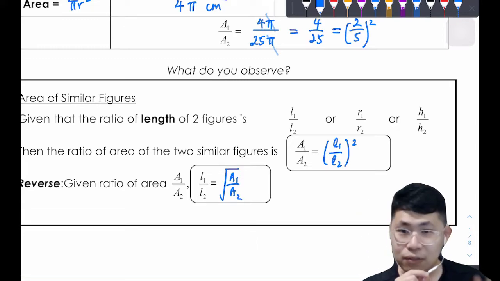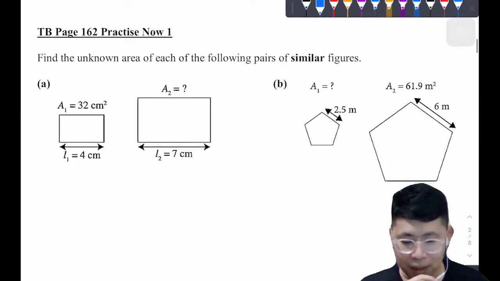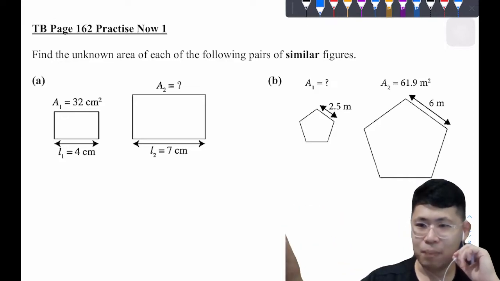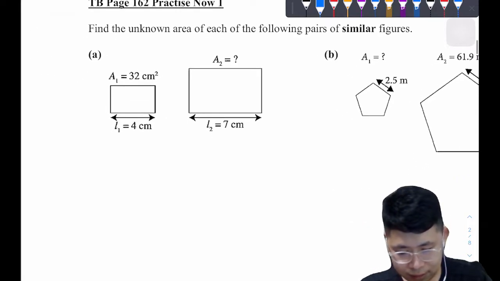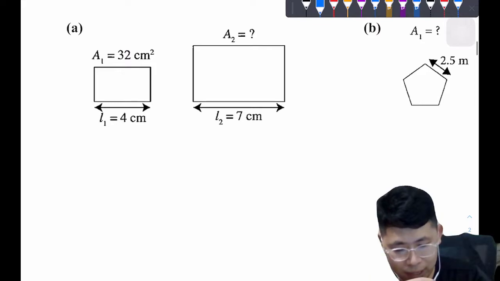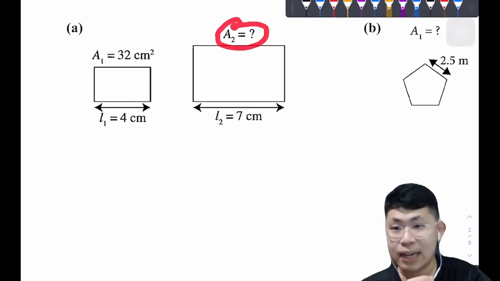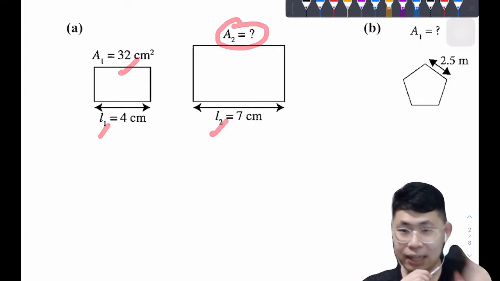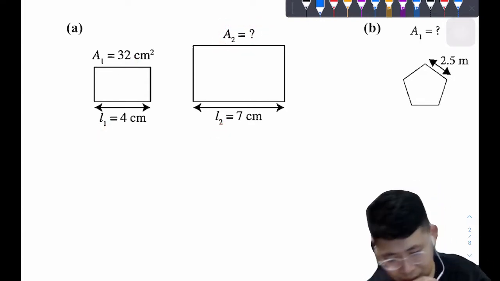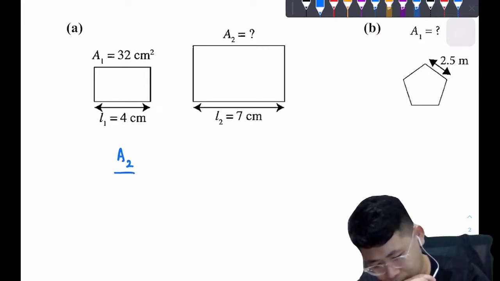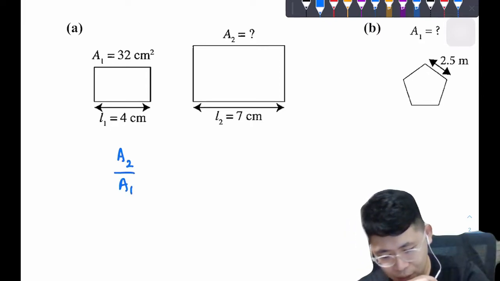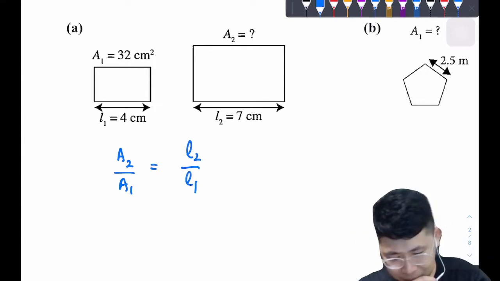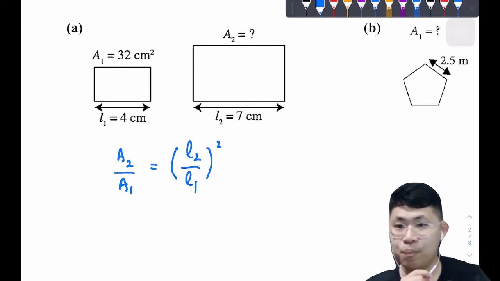Without further ado, let us check some examples. For part A we have two rectangles, and we are looking for A2, the second area. We are given the two lengths, so we can relate the area. We just need to set up. A2 over A1 is equal to L2 over L1, but because length is one dimension, I need to square.